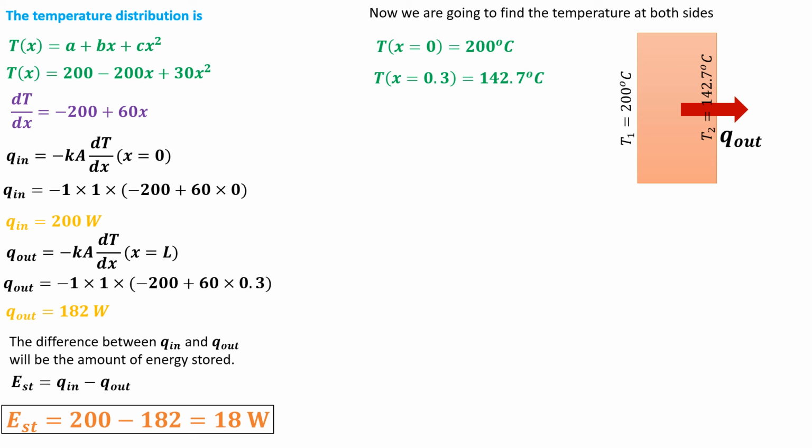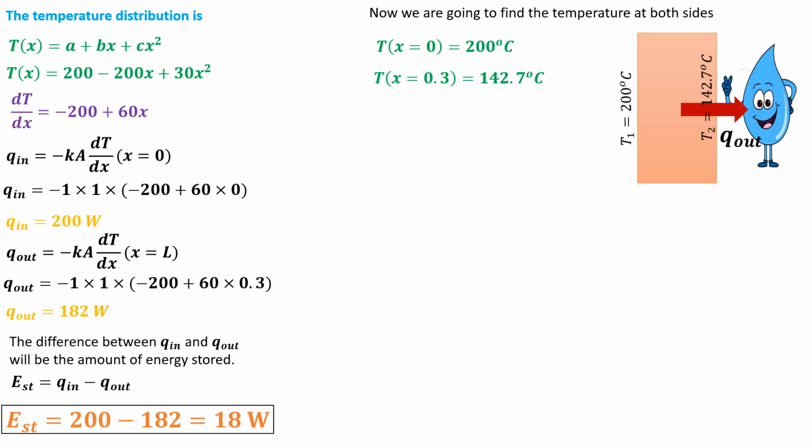and this side is adjacent to the fluid having a temperature of 100 degrees centigrade. So the amount of heat that goes out from the system is basically the amount of heat gained by the fluid.